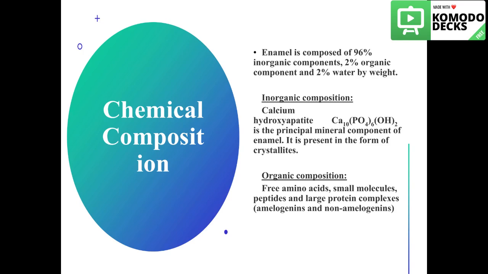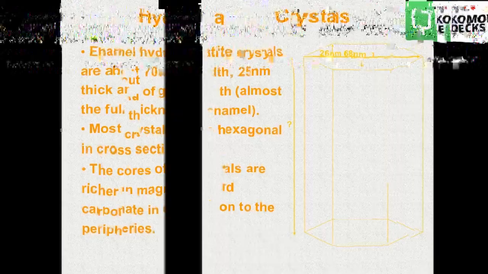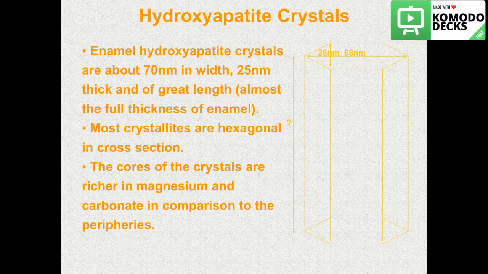The organic composition includes free amino acids, small molecules, peptides, and large protein complexes like amelogenins and non-amelogenins. The enamel hydroxyapatite crystals are about 70 nanometers in width and 25 nanometers in thickness, almost the full thickness of enamel actually.